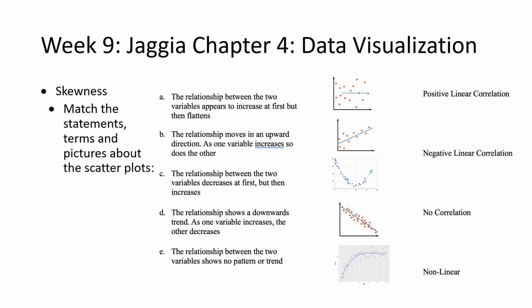So as we're exploring these ideas, we think about ways in which we can use terminology and pictures together. If you see this column that has A through E, you might think about this in terms of natural language. How would I describe a visualization? So for example, the relationship between the two variables appears to increase at first, but then flattens.